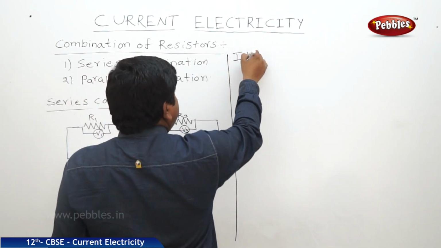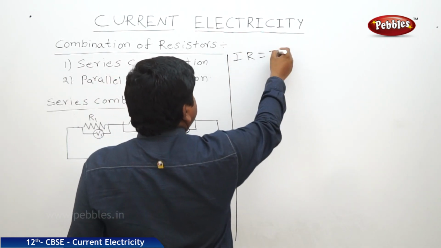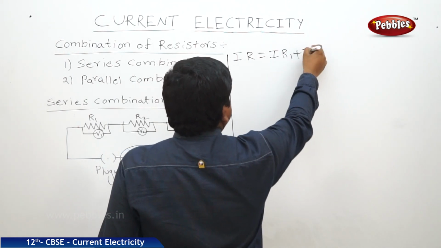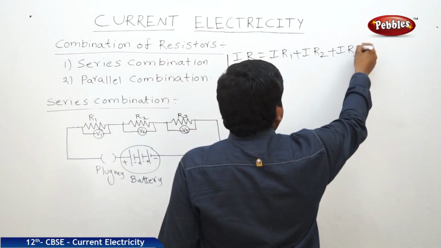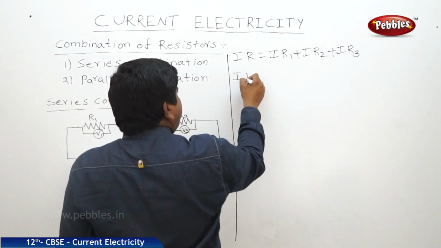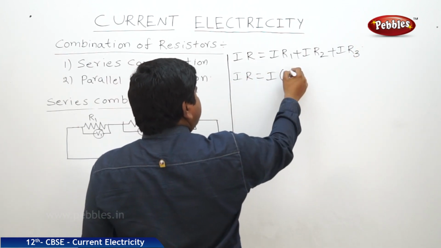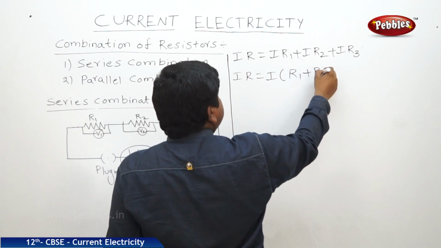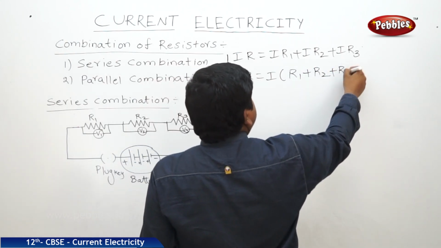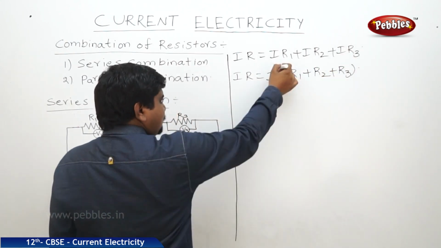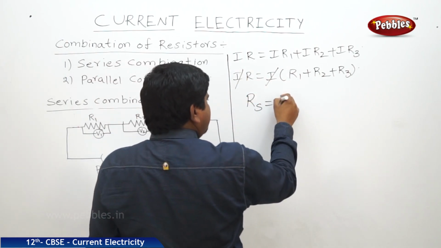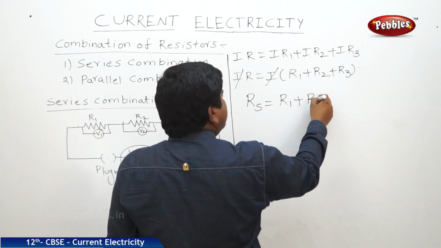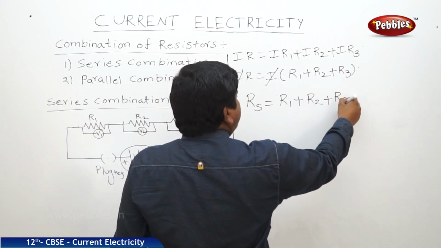So, IR is equal to IR1 plus IR2 plus IR3. IR is equal to I of R1 plus R2 plus R3. I and I get cancelled. Therefore, Rs is equal to R1 plus R2 plus R3.